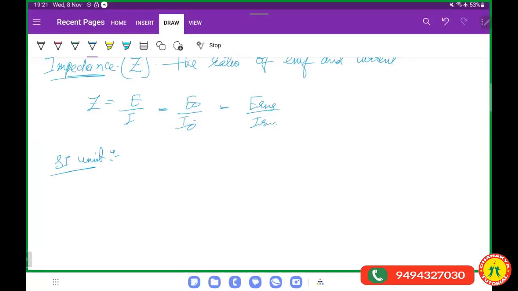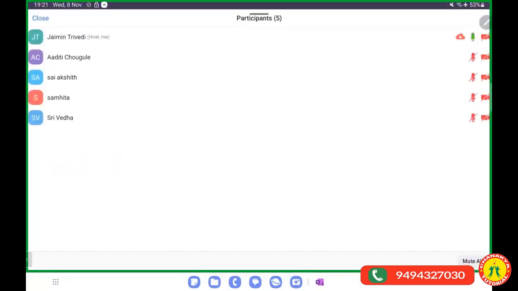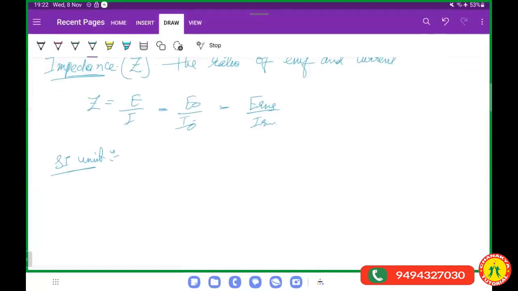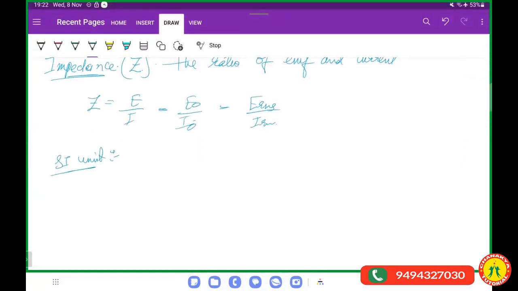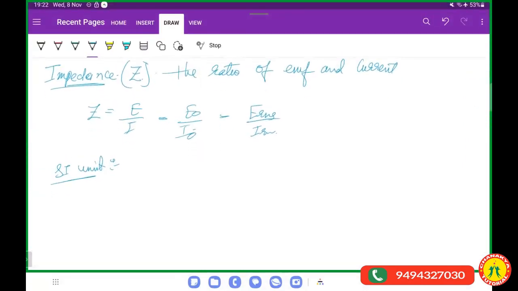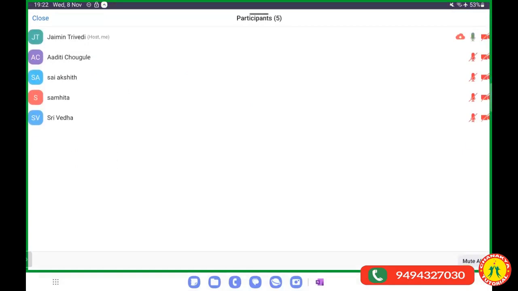Option 1, 2, 3, 4, or you can choose your own option. Chalo, tell me, what is the SI unit of impedance?